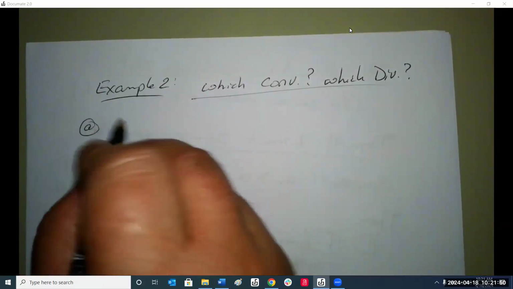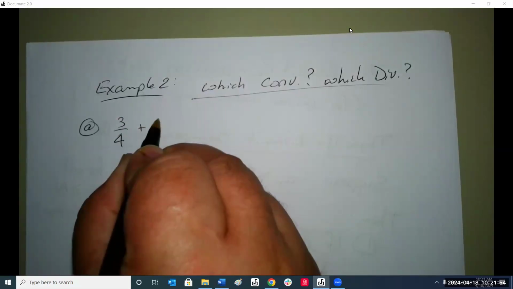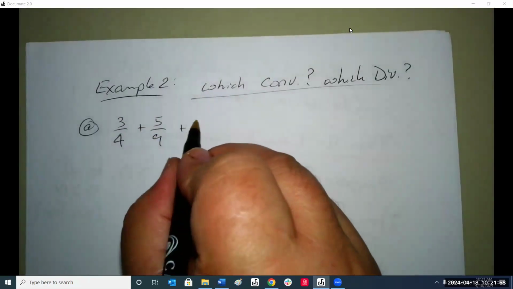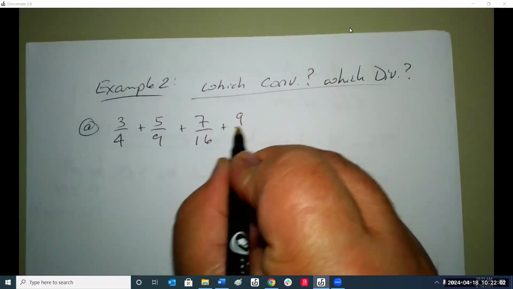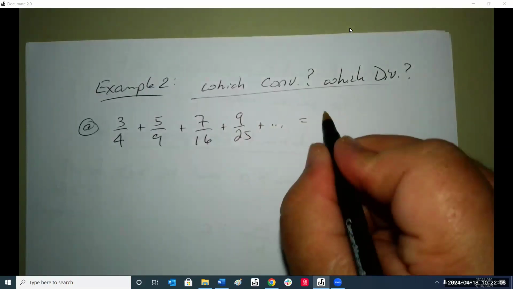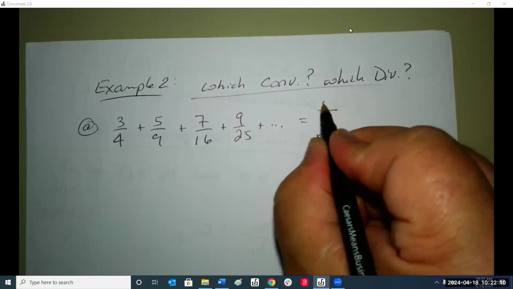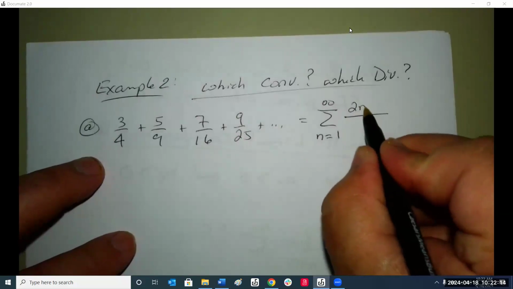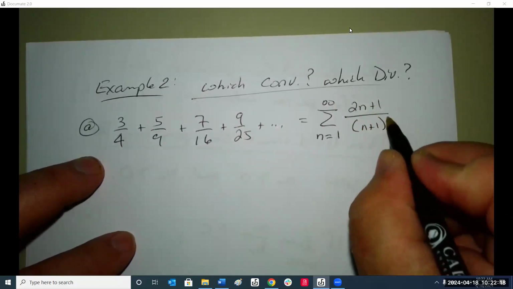So we have A, 3 over 4 plus 5 over 9 plus 7 over 16 plus 9 over 25. This is equal to the summation of n equals 1 to infinity of 2n plus 1 over (n plus 1) squared.